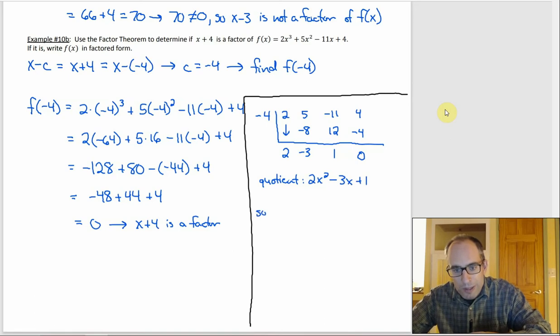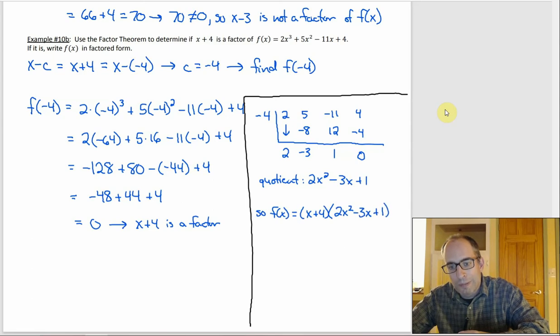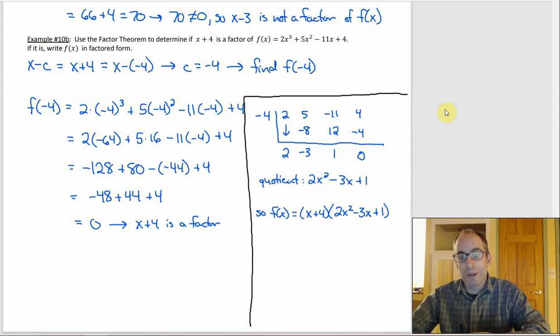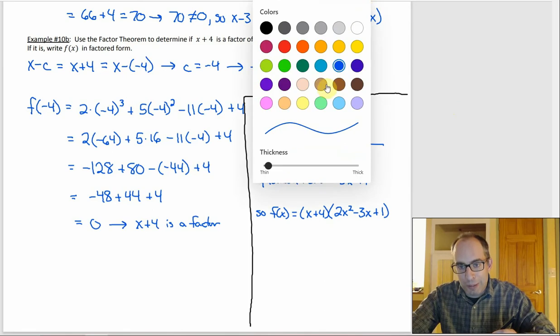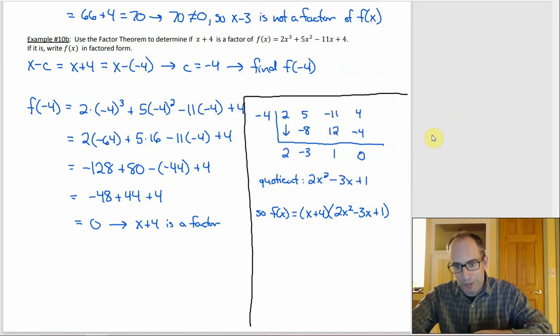So that means that f of x can be written as x plus 4 times 2x squared minus 3x plus 1. There. So now it's written in factored form, although, and I did this on purpose to foreshadow what we're going to do in the near future, 2x squared minus 3x plus 1 actually factors.